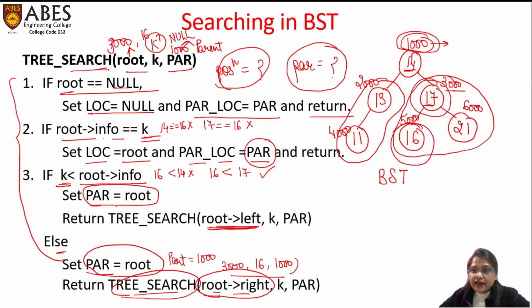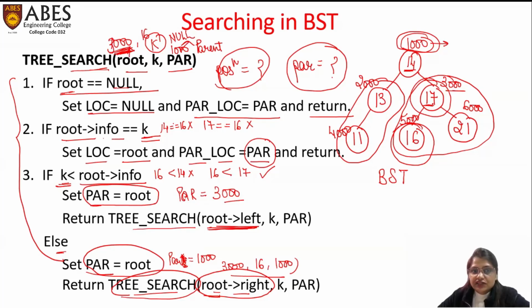Now the parent's updated value: PAR will be assigned as root, which is 3000, because we have assigned the value of root as 3000 here. This is the latest value of the parent node. Then we again recursively call this procedure with root left.